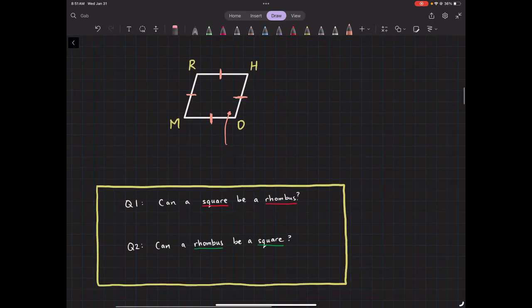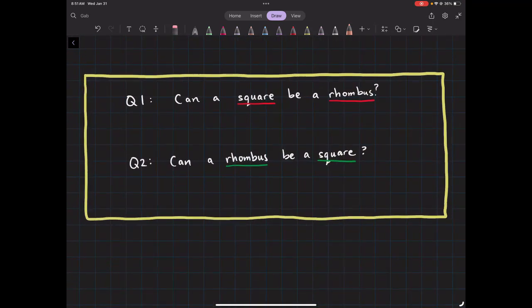Okay? So then we go into these two questions. Can a square be a rhombus? I think we already answered that. Yes? Yes, because a square has four congruent sides.